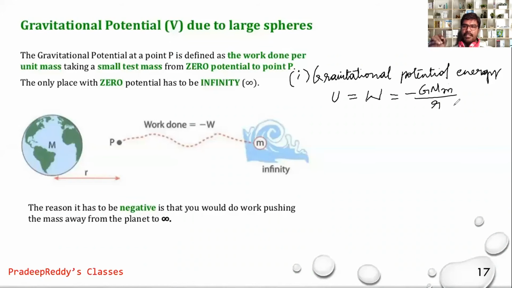For force and field, in the denominator it is R square, but for potential it should be only R. And the unit of gravitational potential energy is Joule. And the other definition which we have learned from gravitational potential energy is gravitational potential.